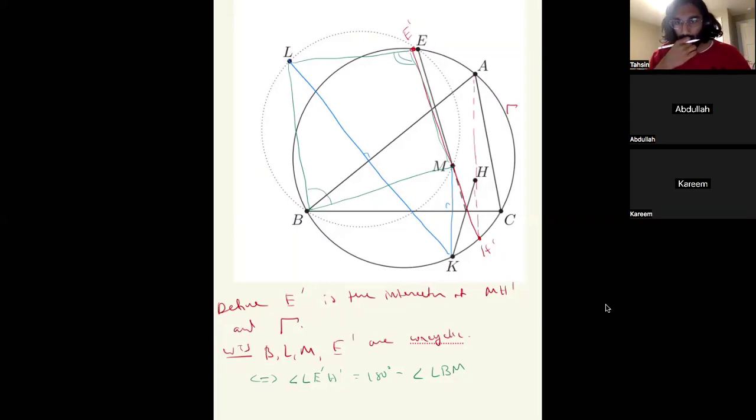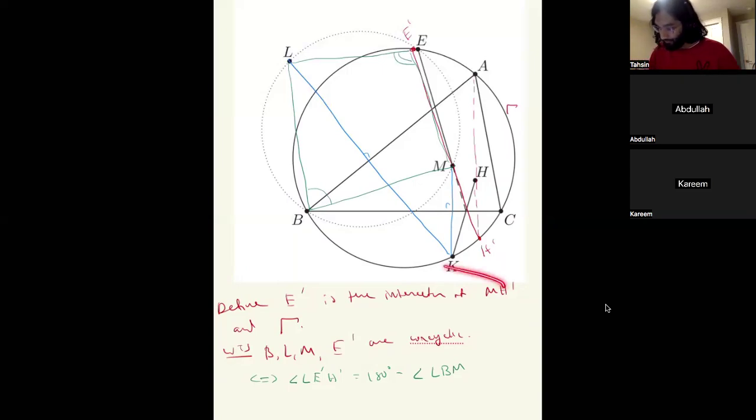Yeah. Okay, let me see. Do you understand the strategy of using E prime instead of E? Is that clear? Because maybe that's the confusing part.